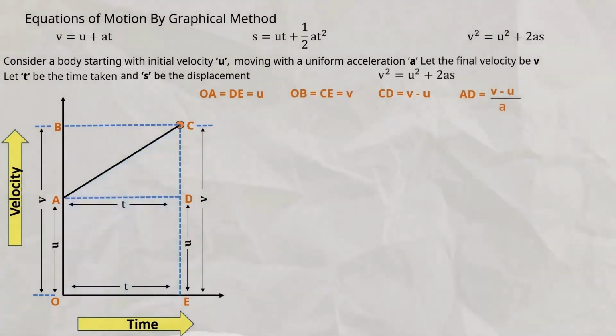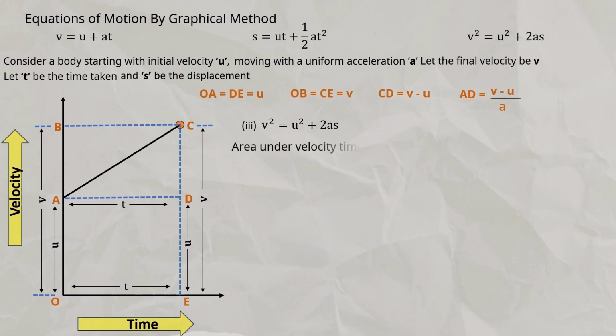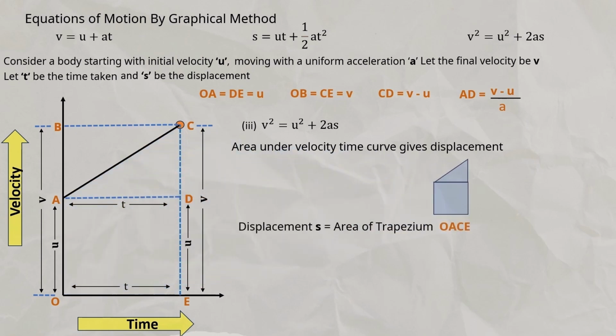Now let us take this AD value into our data points. Now we are going to prove the third equation, that is v² = u² + 2as. Again we are going to use the same thing, that is the area under the velocity-time curve gives the displacement. That is, displacement S is equal to the area of the trapezium OACE. Here we are not going to split it, and we know that the area of the trapezium is given by half into the sum of the parallel sides into the distance between them.